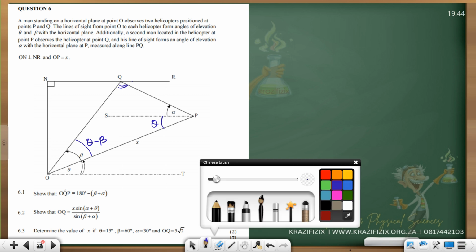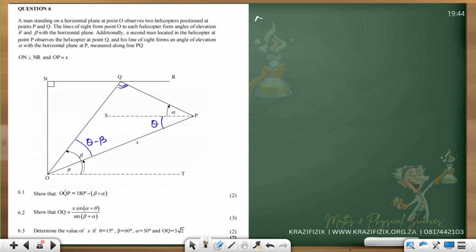Basically we want angle Q. Can I say that angle O plus angle Q plus angle P should be equal to 180? What is angle O? Theta minus beta. We are looking for angle Q. What is P?